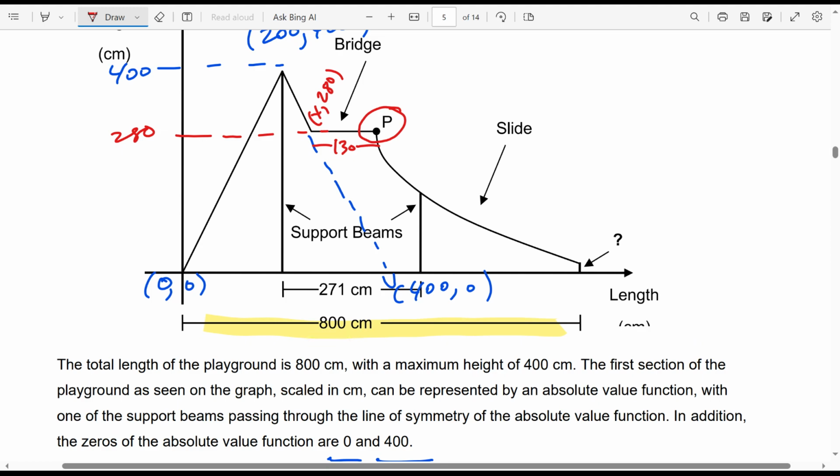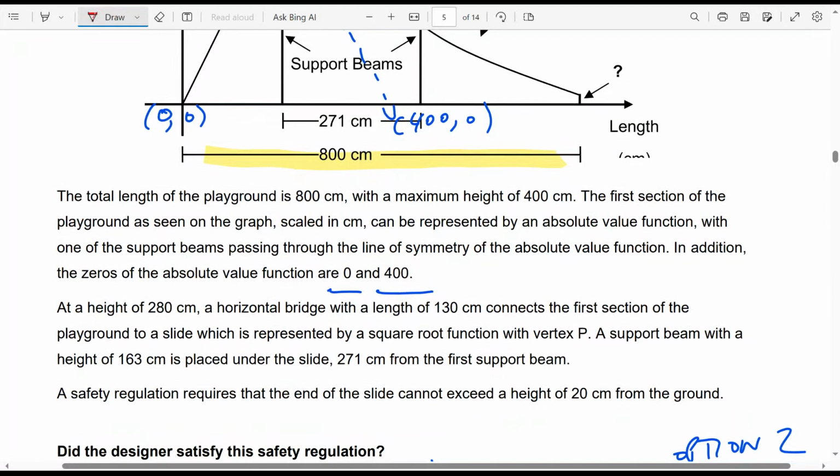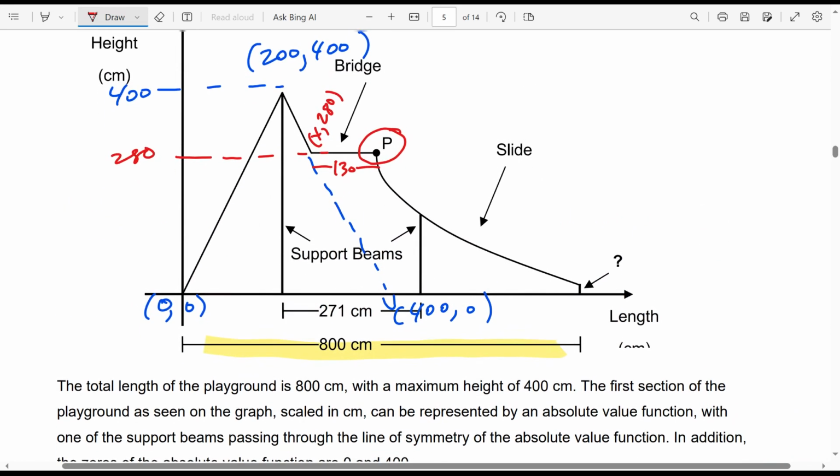Additionally, and this one's a little weird to wrap your brain around, a support beam with a height of 163 centimeters is placed under the slide, but that's 271 centimeters from the first support beam. So let's take a look at it.